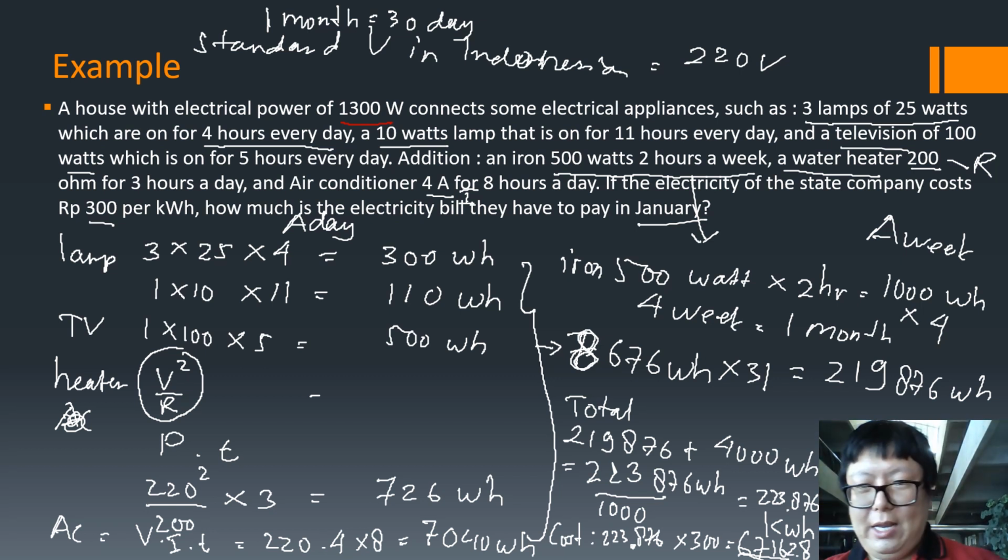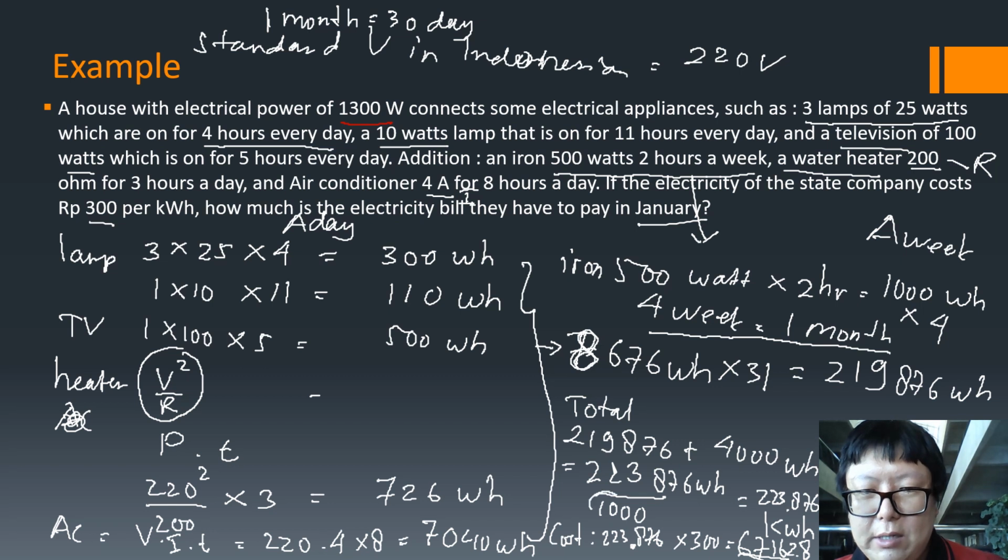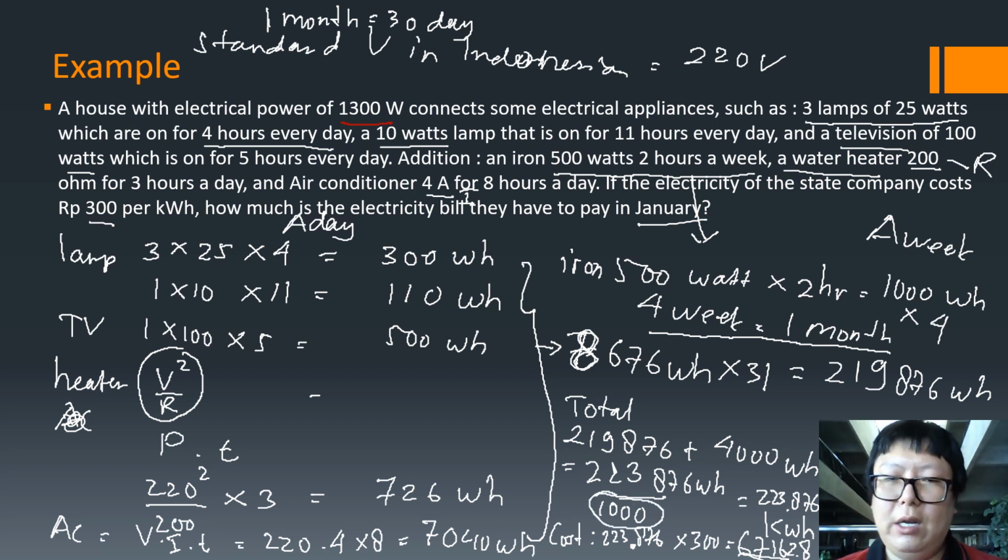Okay, and next, if the question says a week, then we assume that 1 month consists of 4 weeks, then you times by 4. Don't forget to convert it into kWh, so you have to divide by 1000 to convert the watt hour into kilowatt hour.